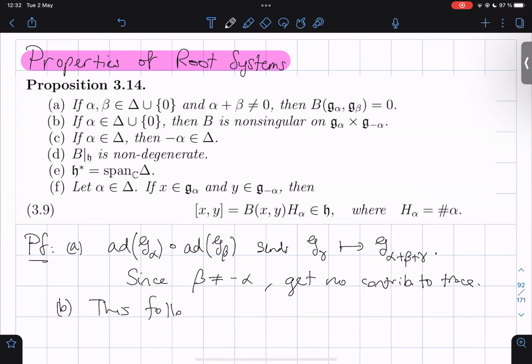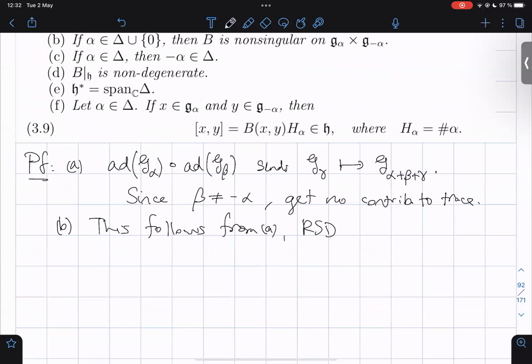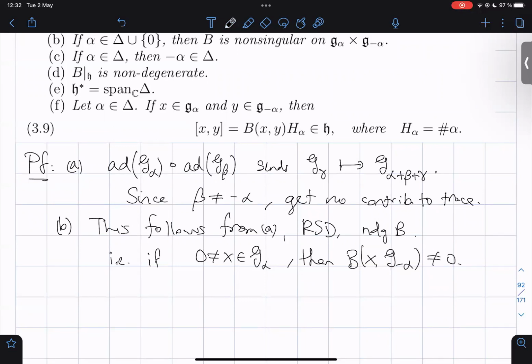So this follows from A, the root space decomposition and non-degeneracy of B. That is, if you have a non-zero element over here, then this has to be non-zero.